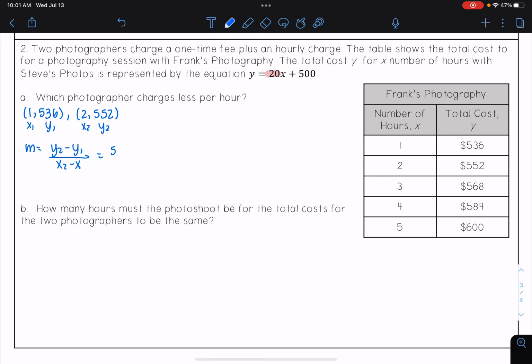So I have 552 minus 536 over 2 minus 1. When I do 552 minus 536, I get 16, which is less than my slope here of 20. So that means that Frank's photography charges less.